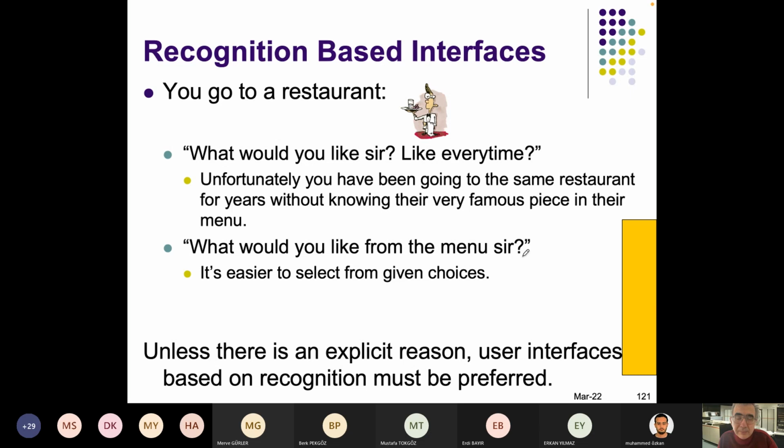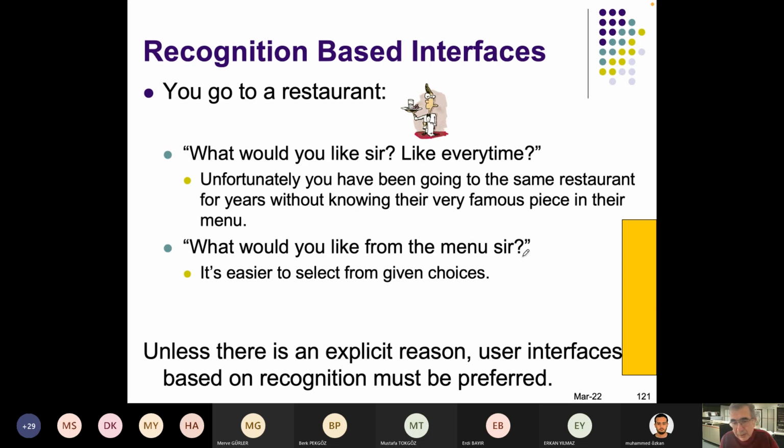They have a famous item, but you never had it because they never brought you a menu. You keep asking köfte, for example, but they have another special item. You haven't seen it. So the question should be, what would you like from the menu, sir? In that case, it will be easier to select from given choices, provided that the menu items are available.